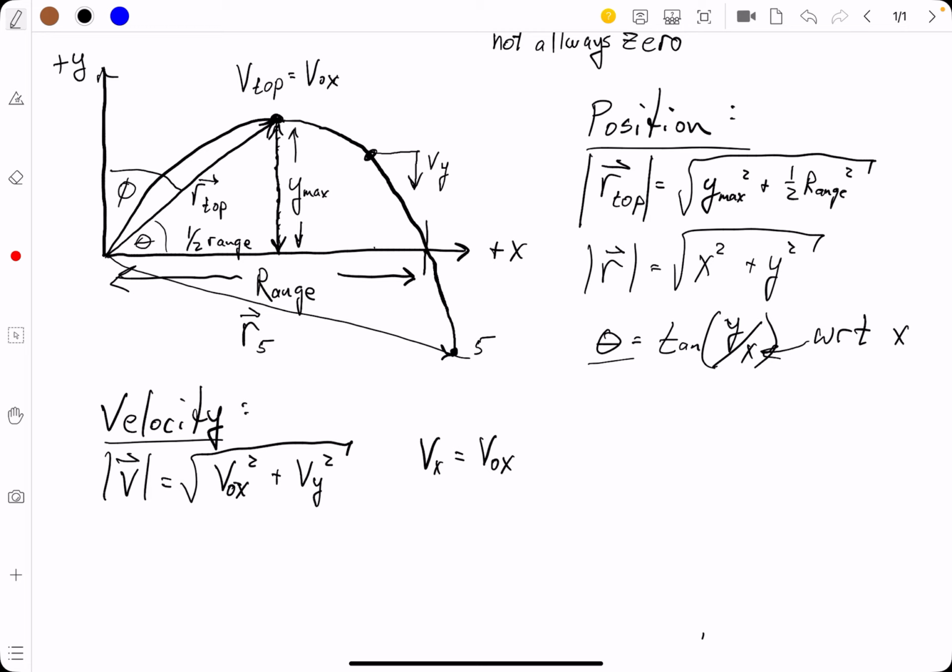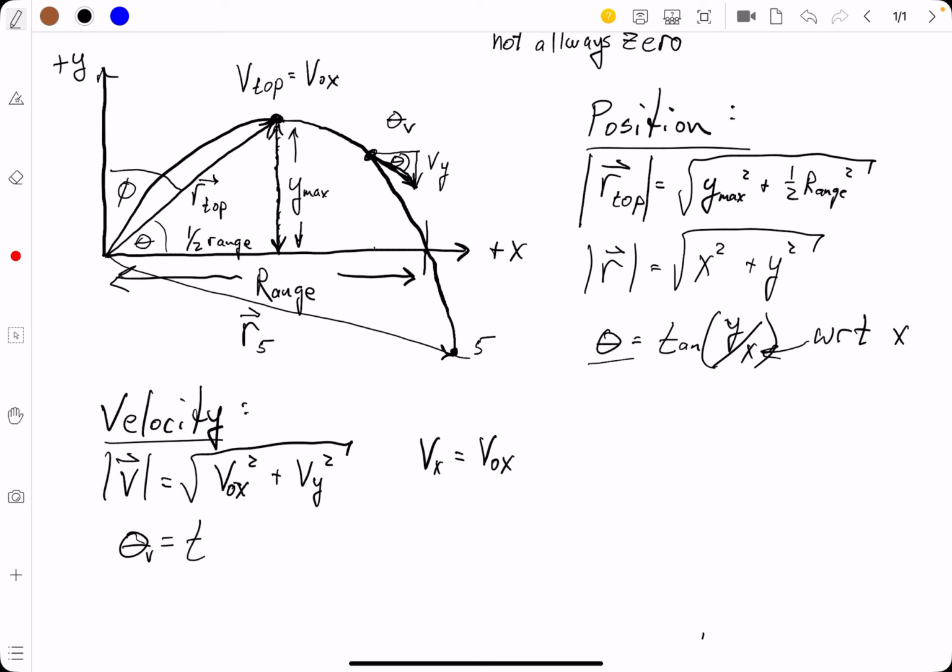Cool. And then, of course, theta. And we could call it theta v if you want. So we've got our theta v. That's our vector right there. And this is our theta v, for that point.